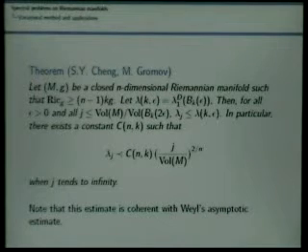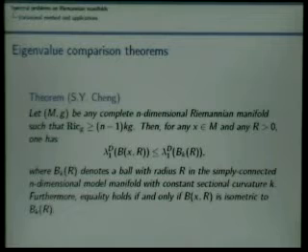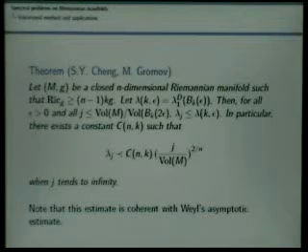Okay, so now what we want to do is to use Cheng's theorem, to use this estimate from above, to give an estimate from above of eigenfunctions of M of an eigenfunction, of a large eigenvalue.